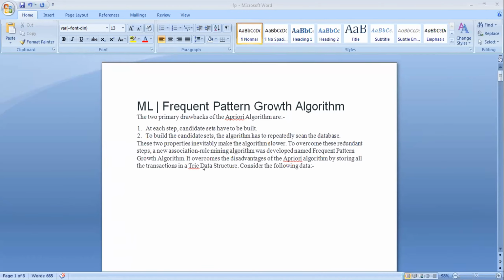To build the candidate sets, the algorithm repeatedly scans the database. Whenever you want a particular item, from the starting onwards you have to scan repeatedly. For example, in Apriori it may be repeated 10 times. The first time it will be scanned, and again you have to scan the second time also.